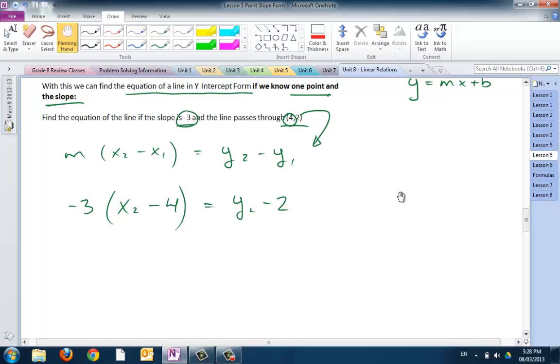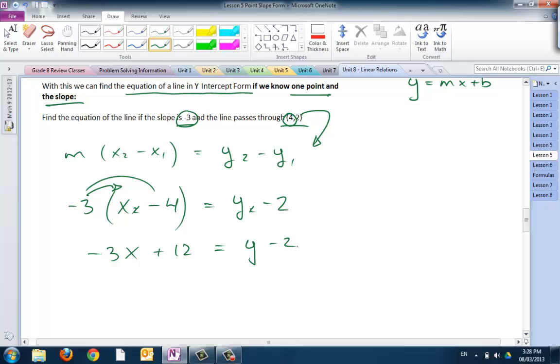Okay, so having said that, we now distribute in our -3. So I get -3x. Now I'm just going to get rid of the 2, the little subscript, because I don't need this anymore. So -3x, -3 times -4 is a +12, and that's equal to y minus 2.